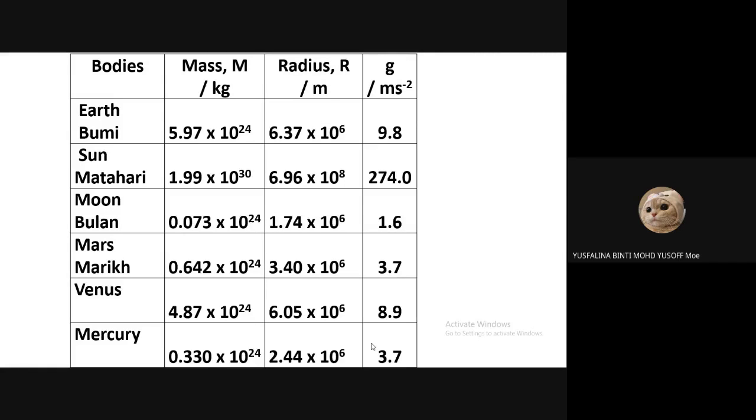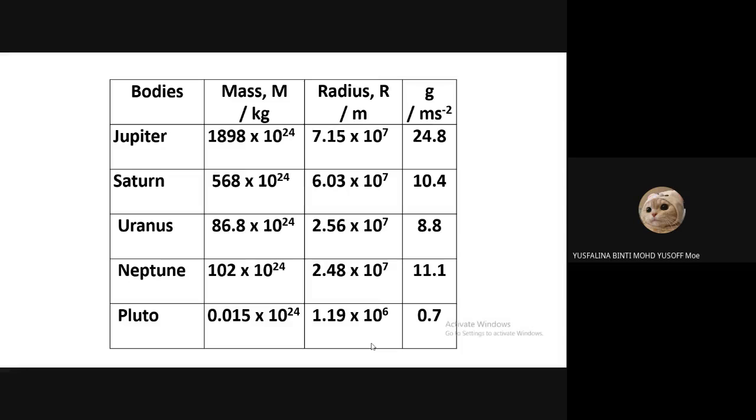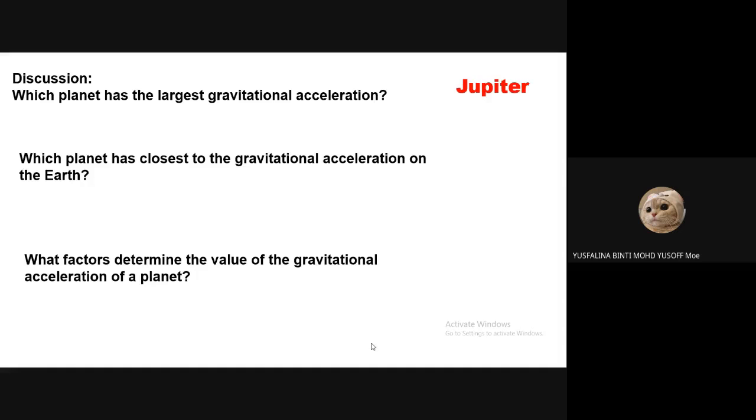So it's Jupiter. Which planet has the closest gravitational acceleration to the Earth? The answer is Saturn. Ours is 9.8, and Saturn is 10.4, so that is the closest one.